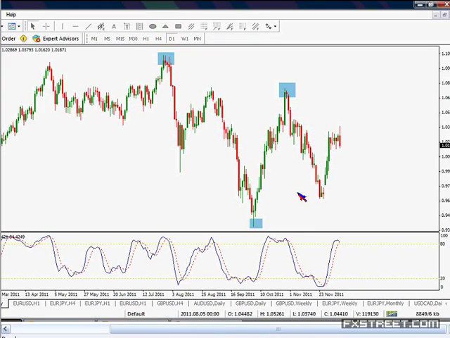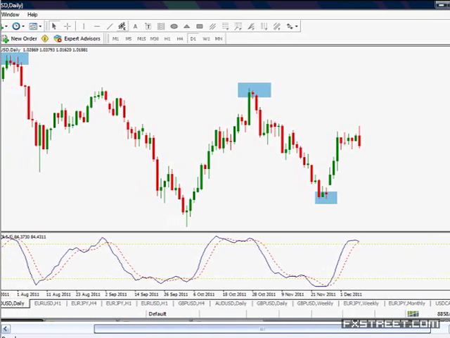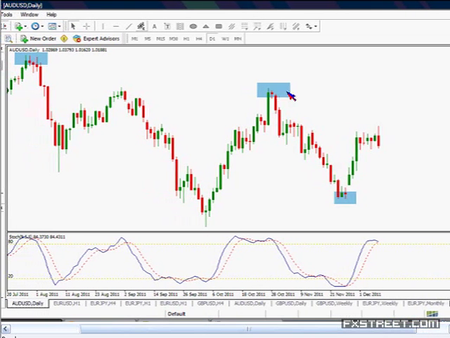It simply means that if I zoom inside, let's take as an example the current wave. Let's forget about this for the time being. If I need to plot my fibs, I'm going to be plotting my Fibonacci ratios from the wick of this candle to the wick of the low. I cannot plot my fibs from the real body of the candle down to the real body because you're ignoring the wick.